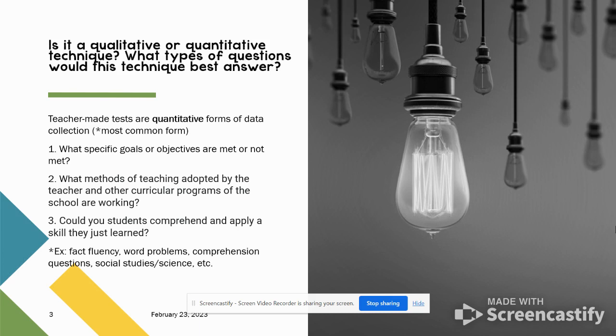What methods of teaching adopted by the teacher and other curricular programs of the school are working or not working? And could your students comprehend and apply a skill that they just learned? With these assessments, I just gave some examples: fact fluency, word problem solving, comprehension questions, and it could also be used in your other subject areas such as social studies and science, not just your main ELA and math.